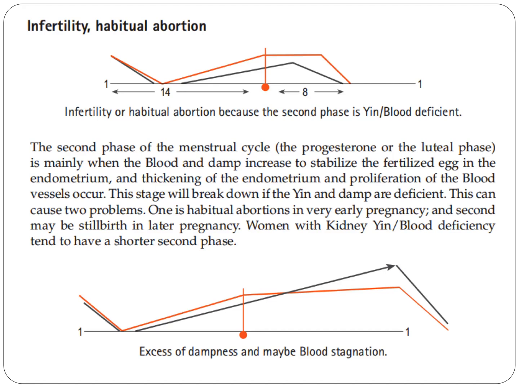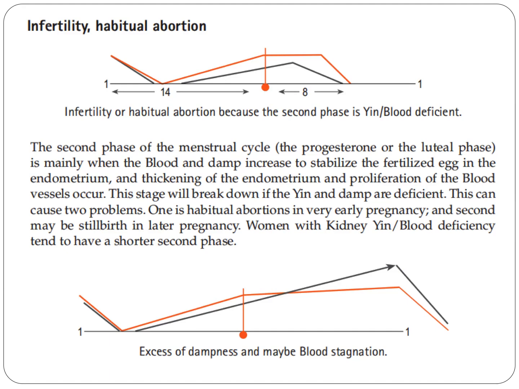The second phase of the menstrual cycle, the progesterone or luteal phase, is mainly when the blood and yang increase to stabilize the fertilized egg in the endometrium, and thickening of the endometrium and proliferation of the blood vessels occur. This stage will break down if the yin and yang are deficient.